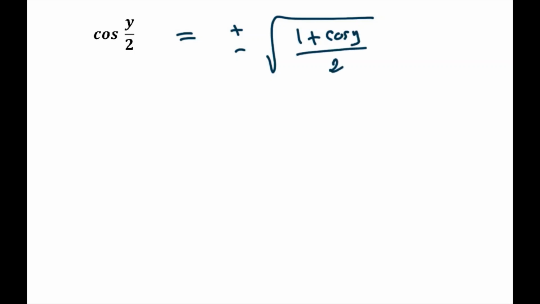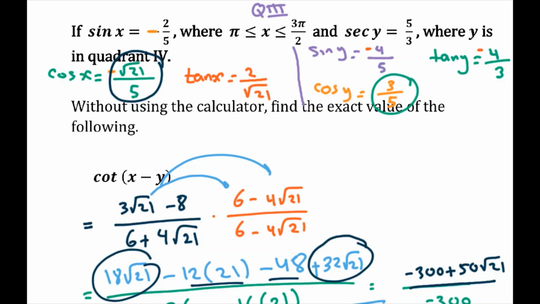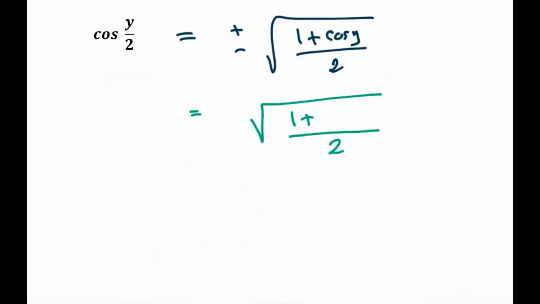Finally, cosine y over 2. Well, that's going to be equal to positive or negative square root of 1 plus cosine y over 2. Again, cosine y was 3 over 5. So say plus 3 over 5.